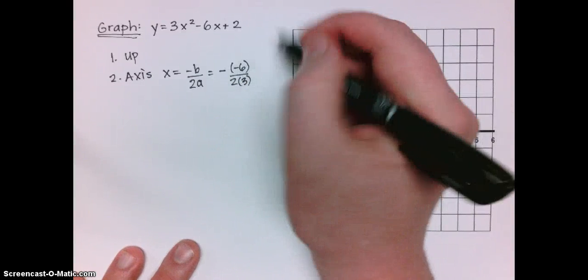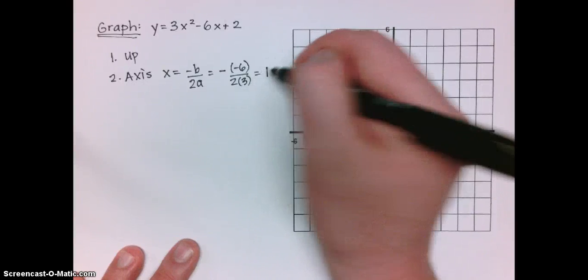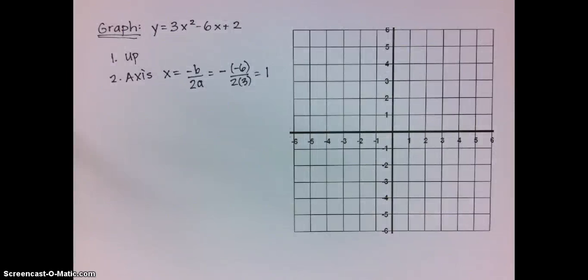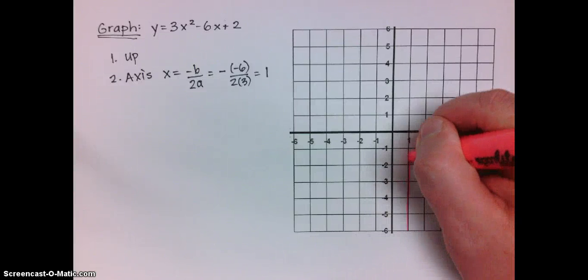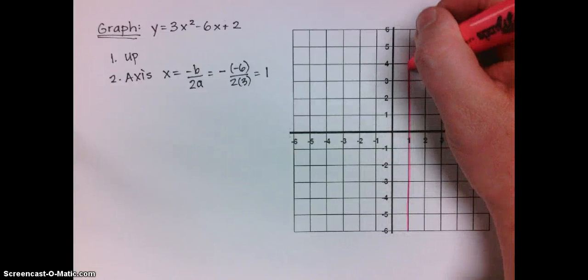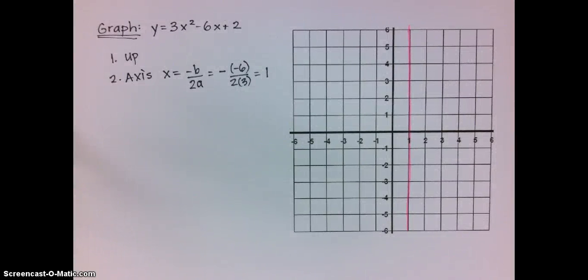Negative negative 6 is going to be positive 6, divided by 6, which is 1. So that means that my axis of symmetry that I'm going to draw is going to be right here at positive 1 on the x-axis. That's my axis of symmetry.